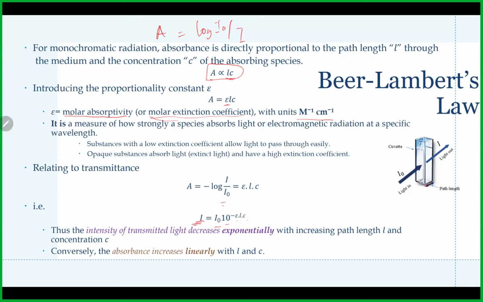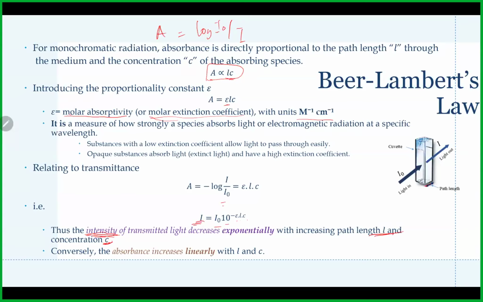Anyway, back to our intensity. The intensity of a line, the intensity of transmitted light, which is what we are looking at, decreases exponentially with increasing concentration and increasing path length.